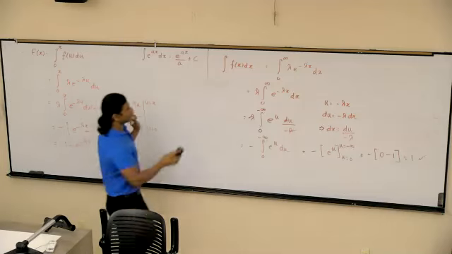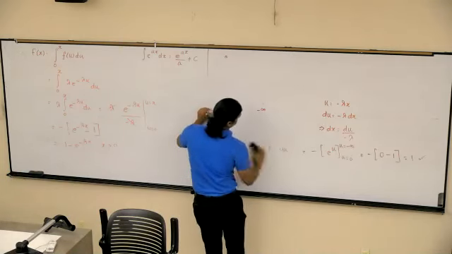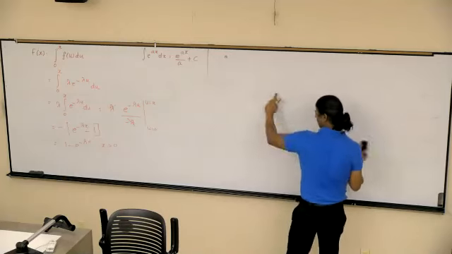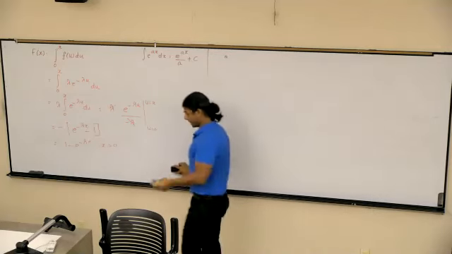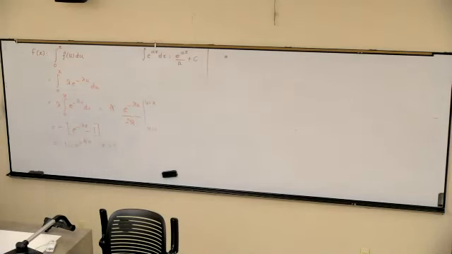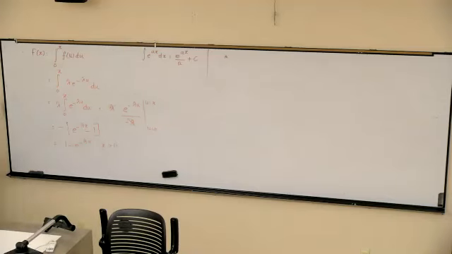And F of x must satisfy all properties of a CDF. F of x, uppercase F of x, is continuous, so of course it is going to be right continuous. Not a problem. It is an increasing function. You can use a derivative test and you'll see this increasing.